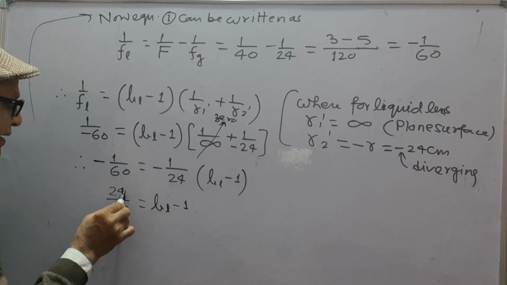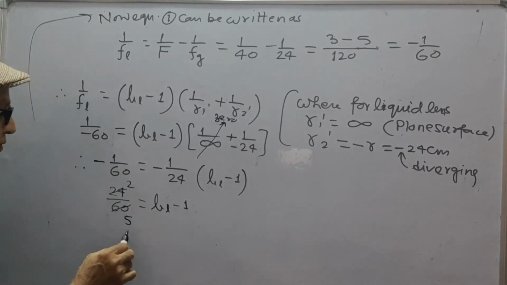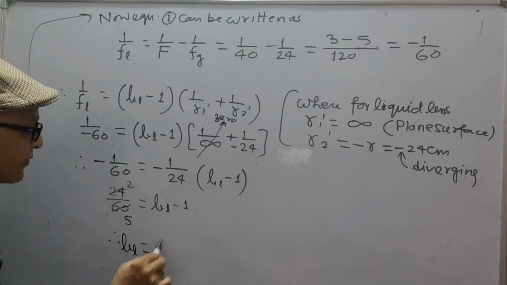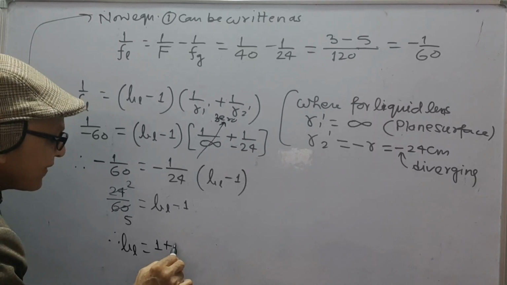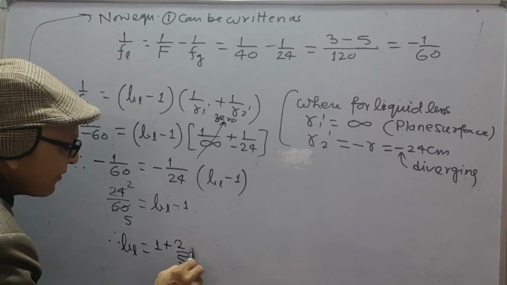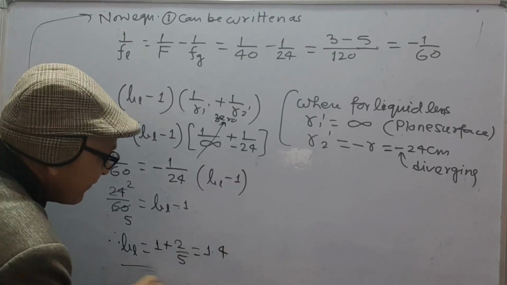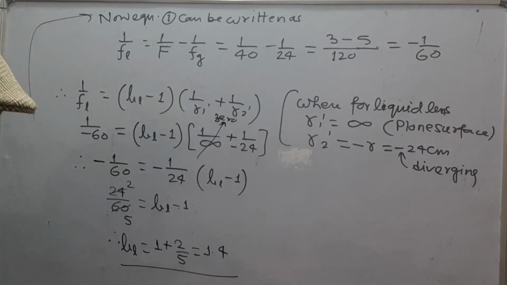This is 2 upon 5. So mu L will be equal to 1 plus 2 by 5, which is 1.4. So the refractive index of liquid will be 1.4.